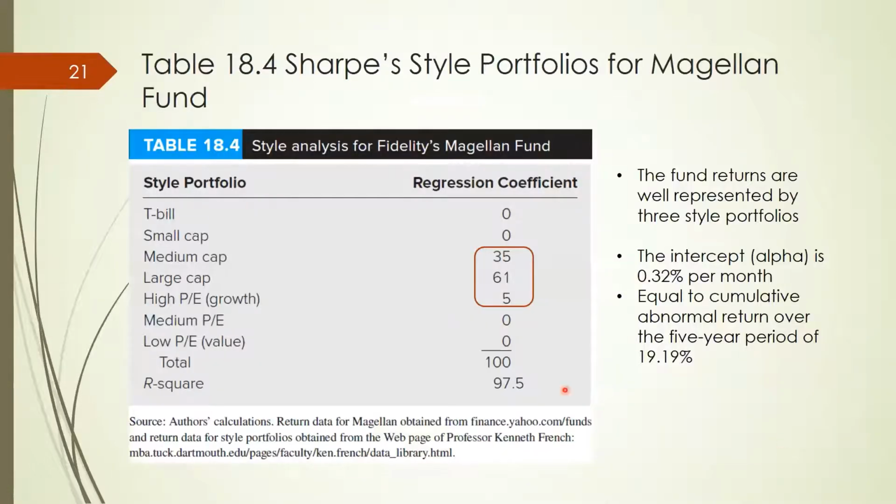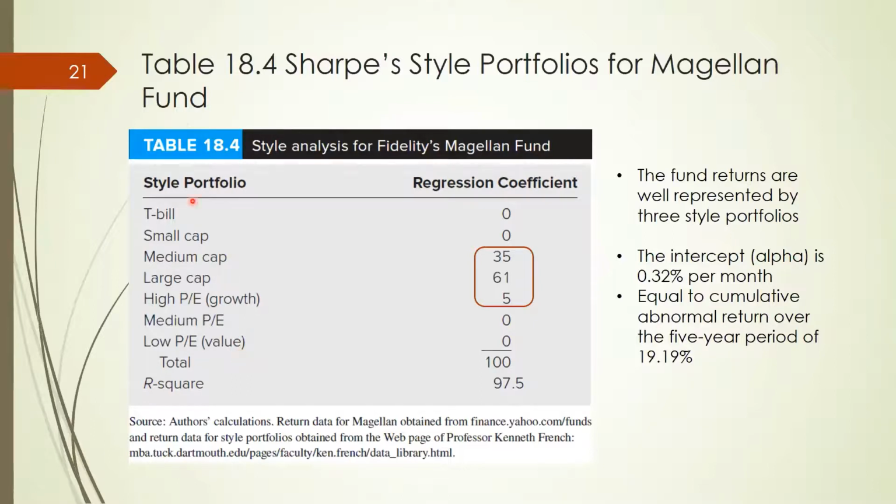Looking back at the performance of Peter Lynch during his tenure at the Magellan Fund, where did he make all this money? The style analysis requires the regression of his fund's excess return on the returns of multiple asset classes or style portfolios, including the treasury bills, the small cap returns, the medium and large cap returns, the growth portfolio returns, the medium PE portfolio returns, and the value portfolio returns.